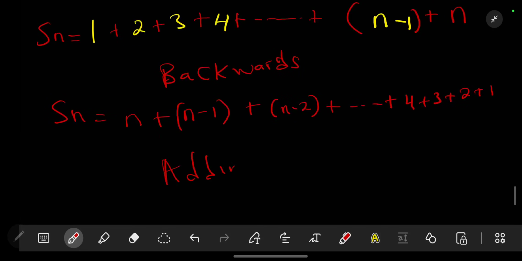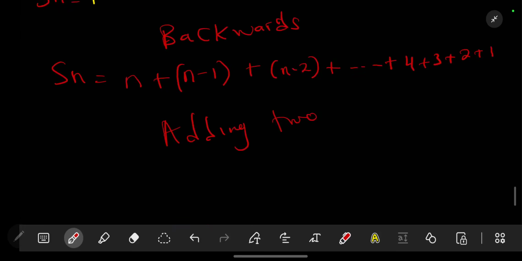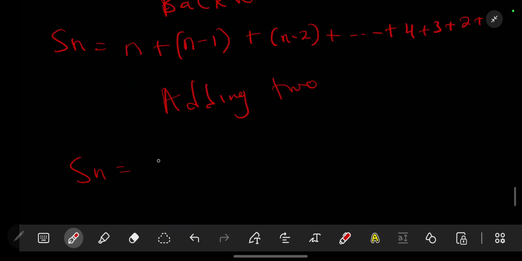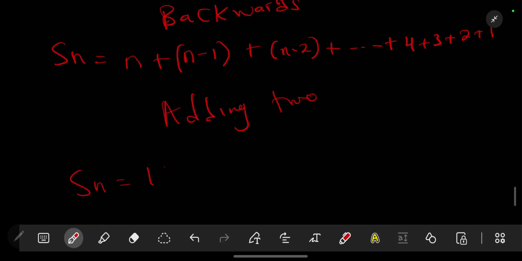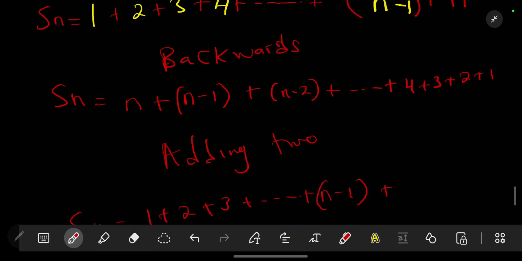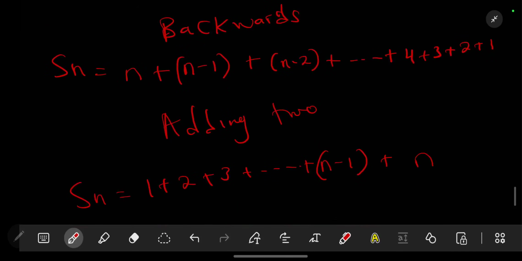So adding the 2, Sn should be equal to 1 plus 2 plus 3 plus dots, n minus 1, then plus n, like that.